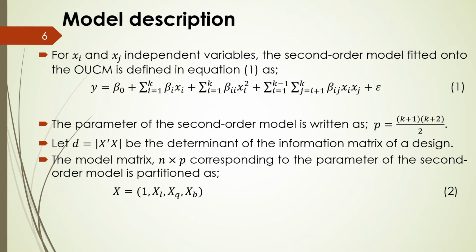Now let the determinant of the information matrix be D equals these, such that the model matrix, n by p, corresponding to the parameters of the second order model is partitioned as this, where our first term is a constant term followed by the linear, quadratic, and then bilinear terms as defined in the equation.